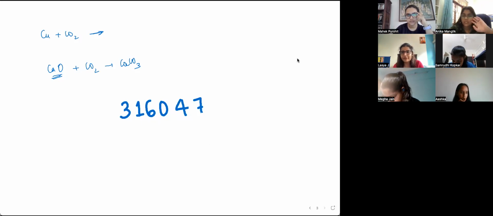So the point of a displacement reaction is that a more reactive element displaces the less reactive one, right? The reactivity series is basically just a guide. Every single element that reacts is going to have its own level of reactivity.